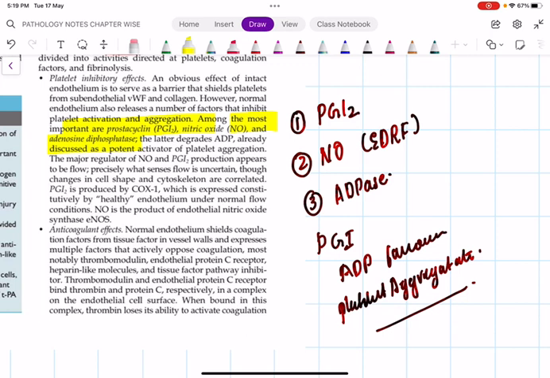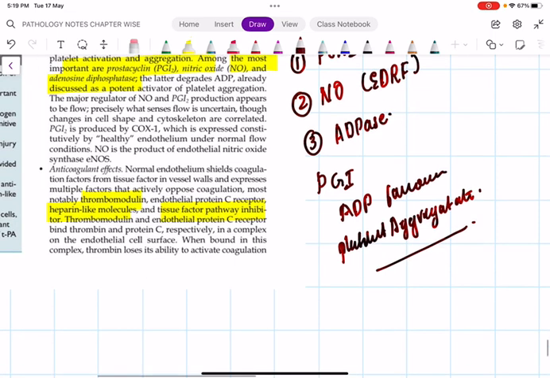Once this is done, there are some anticoagulant effects. Number 1, thrombomodulin, inhibits the coagulation cascade. I have told you already. Heparin-like molecule. Tissue factor pathway inhibitor, TFPI.